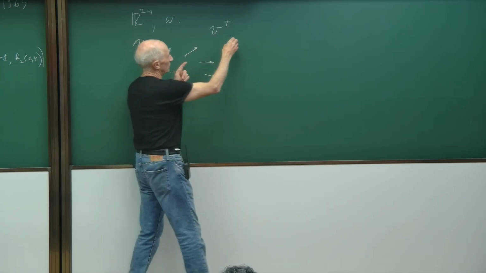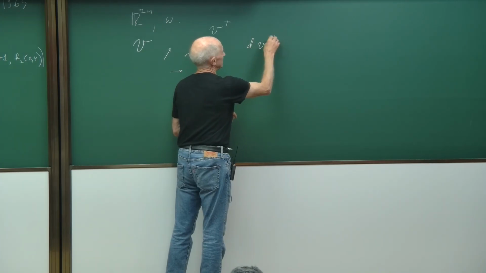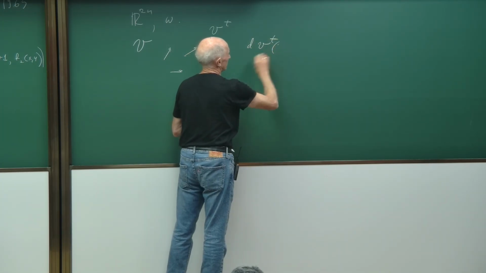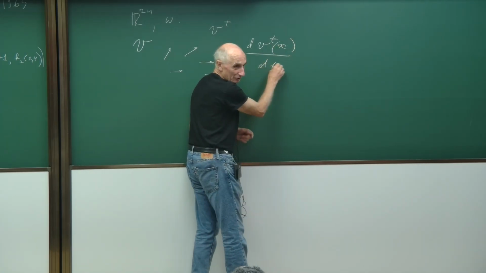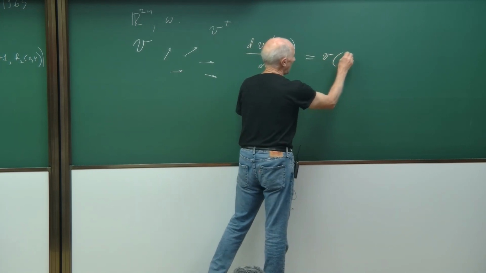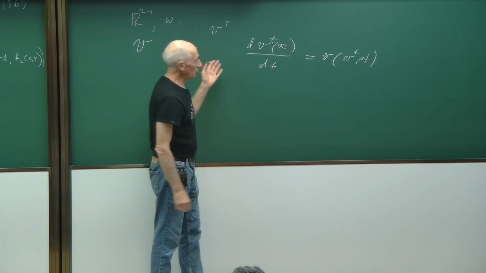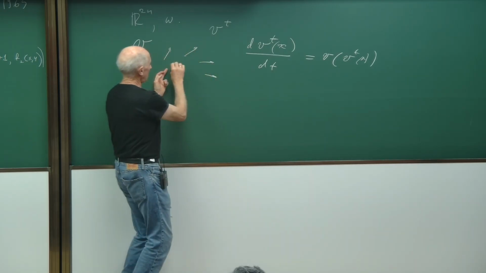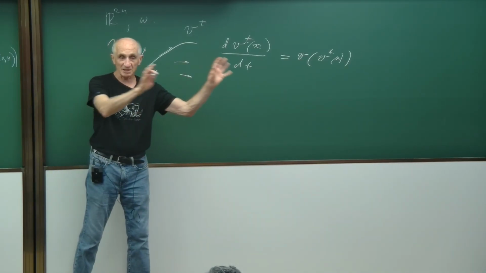where you take every point and solve: you consider dv_t at the point x over dt, and you want the flow to be equal to the vector v at the point v_t of x, right? So you try to find the integral trajectory, and this defines a phase flow.